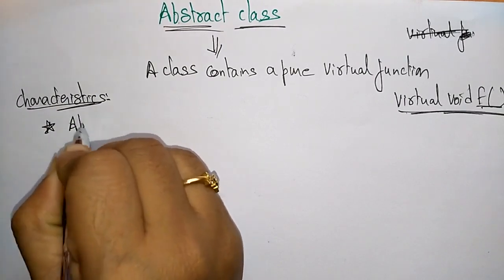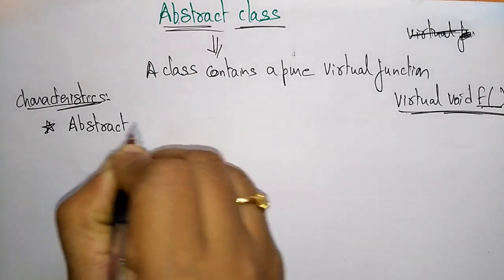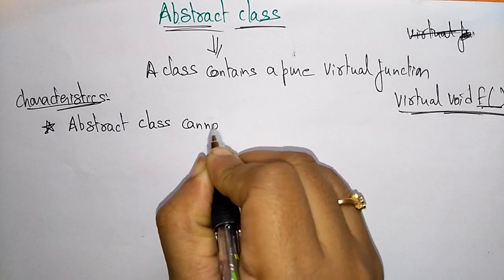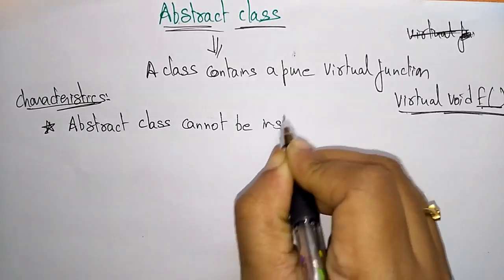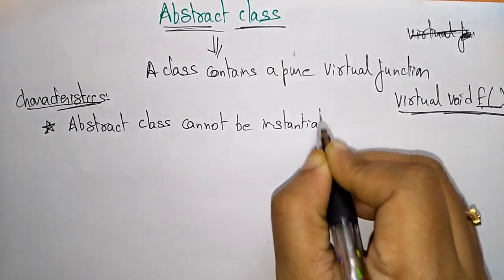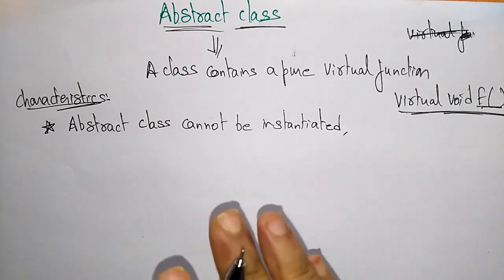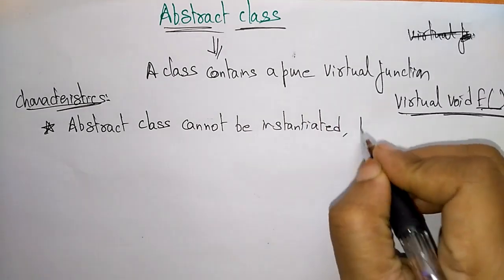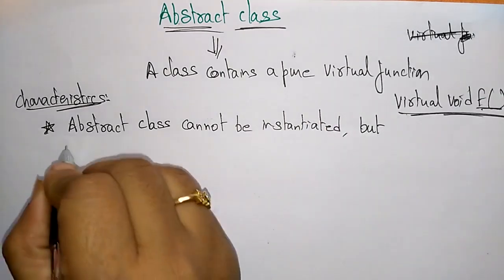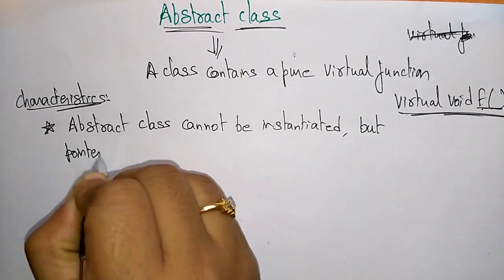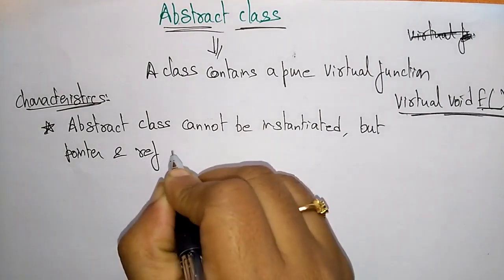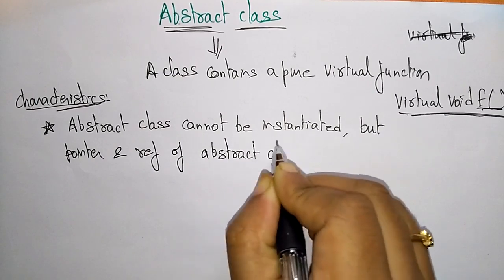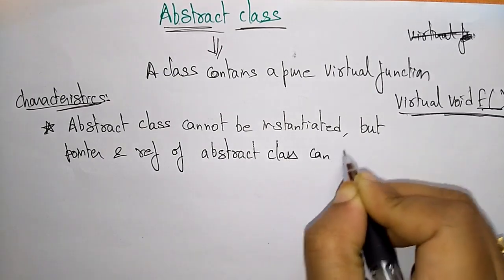An abstract class cannot be instantiated, means it cannot create objects. An abstract class cannot create objects, but a pointer and reference of an abstract class can be created.